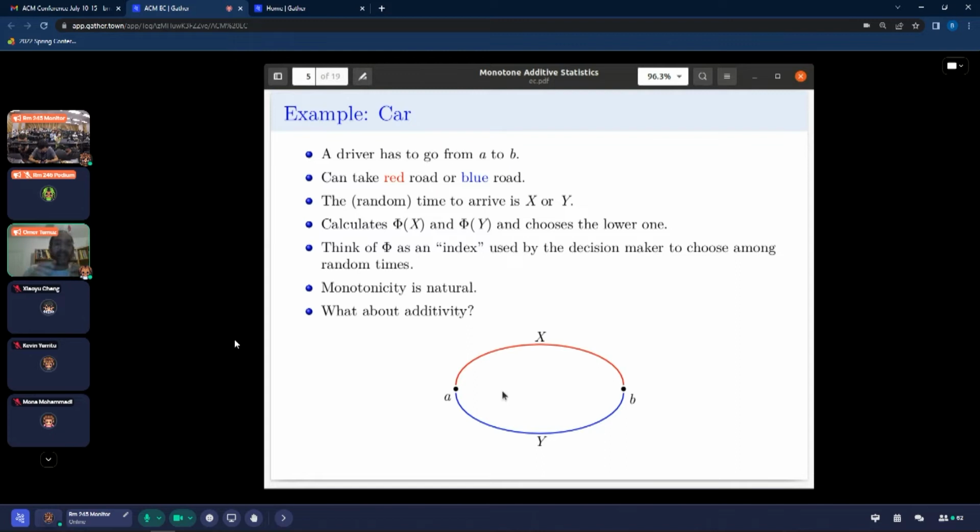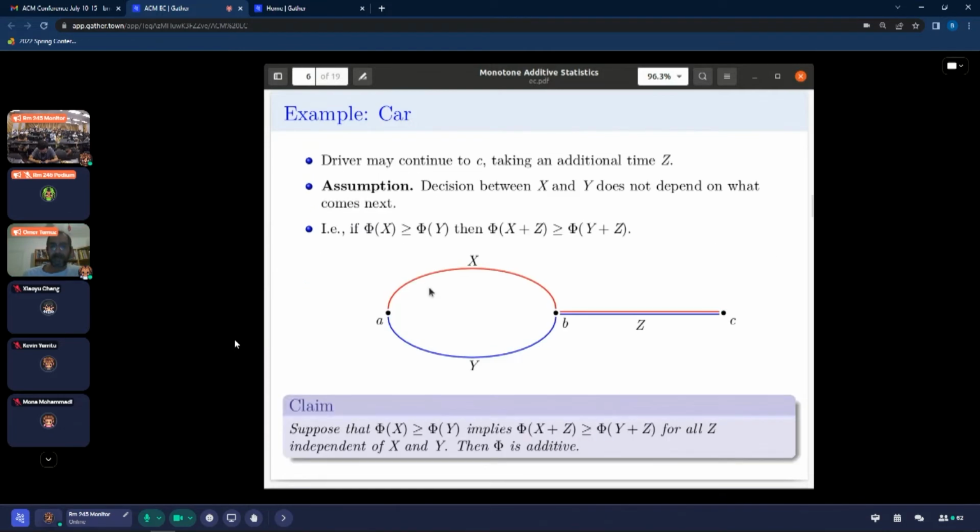I'm going to assign a number to each random amount of time that I could take. And then when I have a choice, I'm going to choose the one where this number is lower. So if we're going to have some index like this, monotonicity is natural, right? If I shift mass to the right, somehow this index should go up. If I have stochastic dominance, if x dominates y, then phi of x should be bigger than phi of y. But what about additivity? Why is that an interesting property in this context?